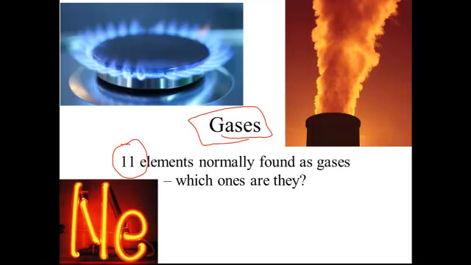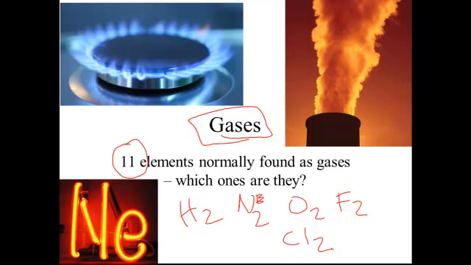A lot of them also are diatomic molecules. So, for example, hydrogen, H2, again a gas, and then going to the opposite side, you've got nitrogen, N2, you've got O2, you've got F2, you've got Cl2. So those are 5 of your diatomic molecules.